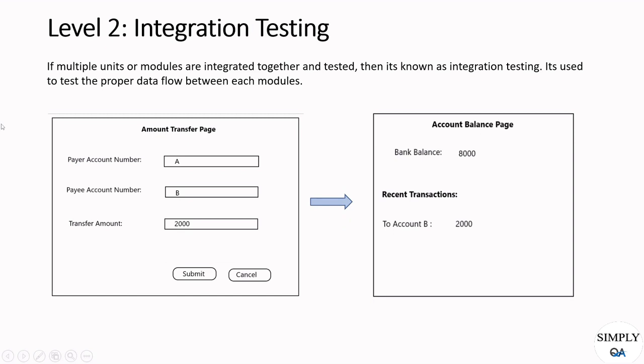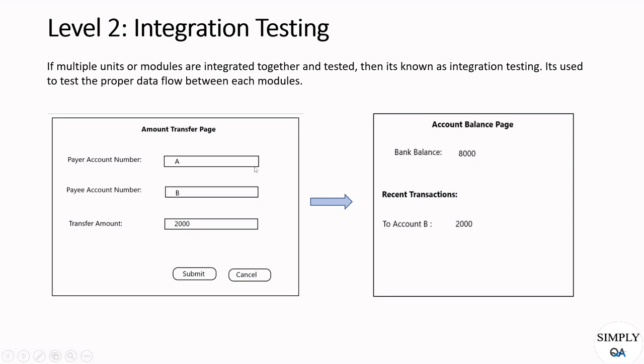For example, consider you are transferring some amount from account A to account B. Once it is transferred, what will you check? You'll obviously go and check the account balance, right? So assume initially you had 10,000 and you have transferred 2,000. Now the account balance is 8,000, which means once the amount is transferred, this data has been properly updated in the account balance page, so that based on the calculation, the proper balance is displayed, right?